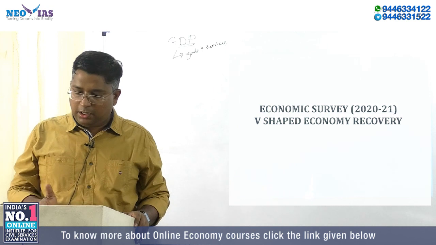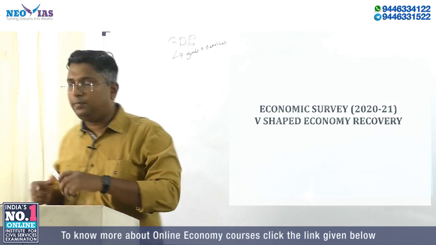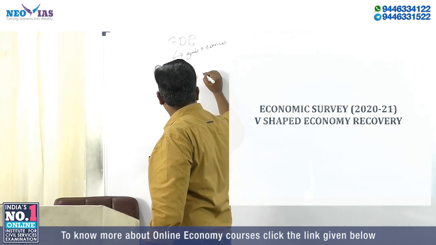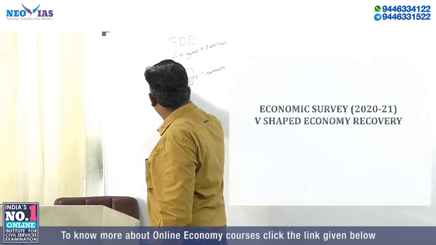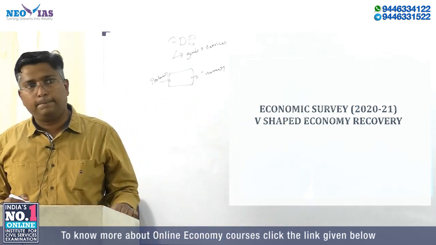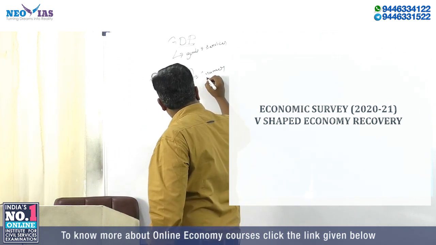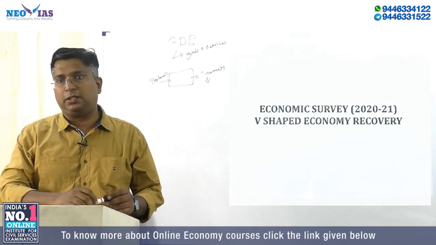So if you are calculating national income from the demand side, who is there in the demand side mainly? They are consumers. In the supply side, they are producers. So if you are calculating national income from the consumer side, we calculate based on the expenditure method.